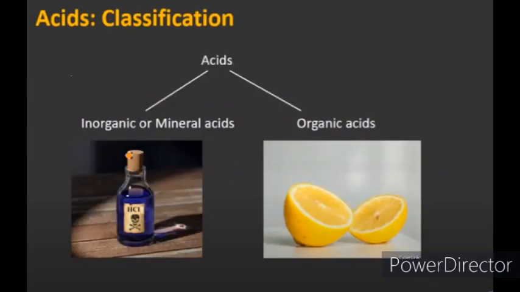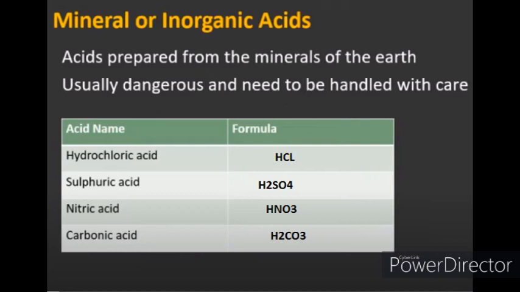Now let's classify the acids. Acids are classified into two subcategories. One is organic acid and the second one is inorganic acid. Inorganic acids are also known as mineral acids. First we will see what inorganic acids are.